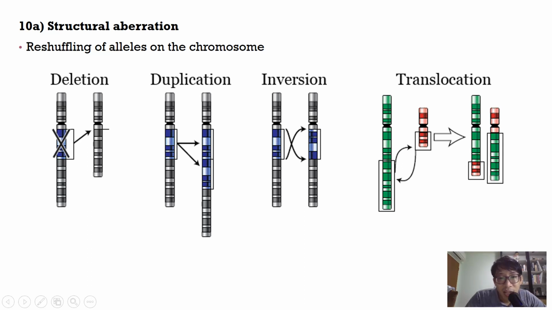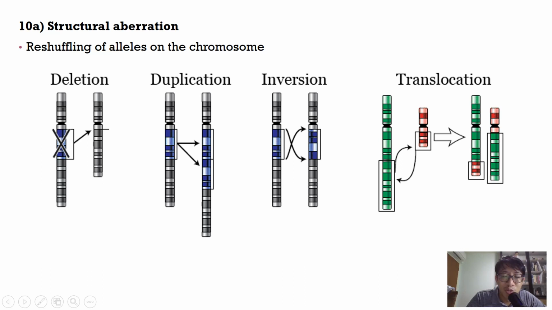So it may change the gene sequence. If the point where this portion breaks off is in the middle of a gene, for example, then when you invert it and join back, that gene would be joined with some other sequence, which can cause a change in the gene sequence.